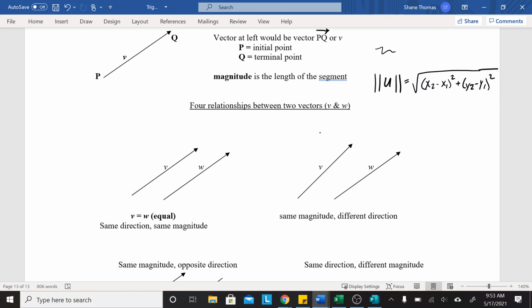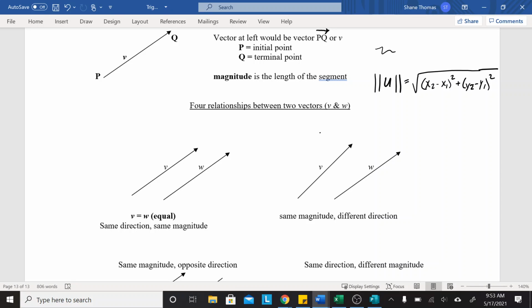Okay? That would be the magnitude. It's back to the distance formula. And remember, you square it to make things positive before you put it in the square root. Even though it feels a little bit repetitive to square then square root, that's why you make things positive, because you can't have a negative distance.